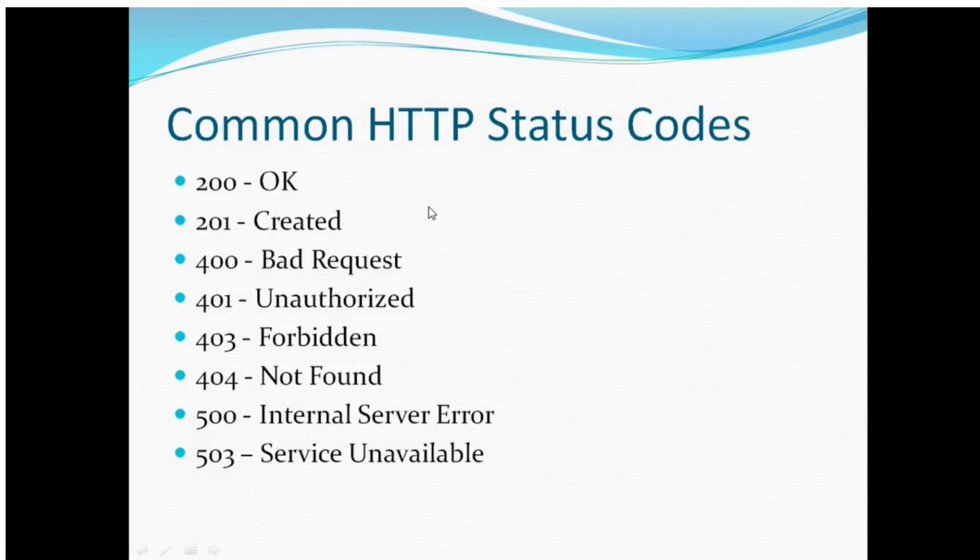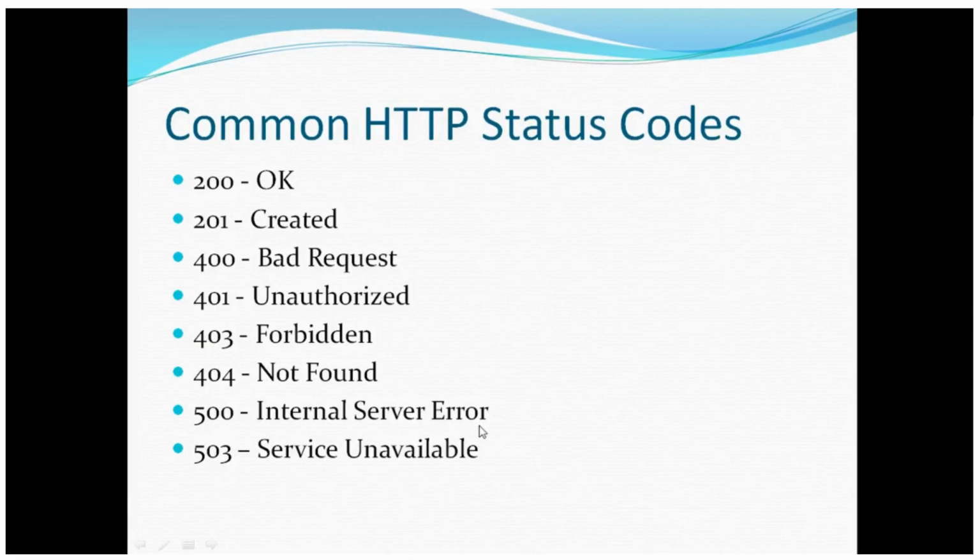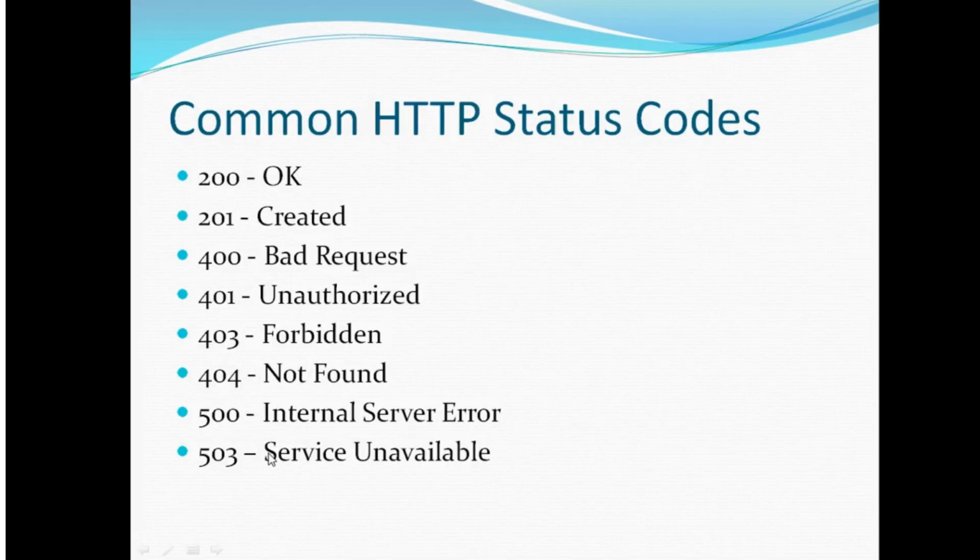So the common HTTP status codes in REST APIs: 200 for OK, 201 for resource created, 400 for bad request, 401 for unauthorized, 403 for forbidden, and 404 for resource not found. 500 is internal server error, and 503 for service unavailable.